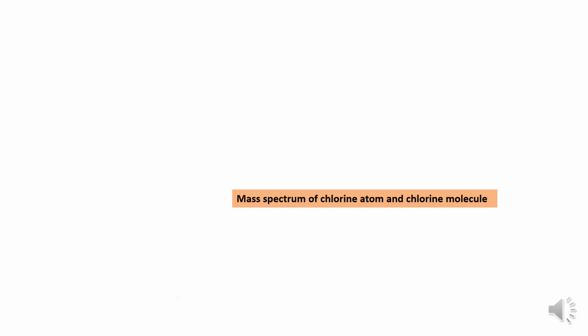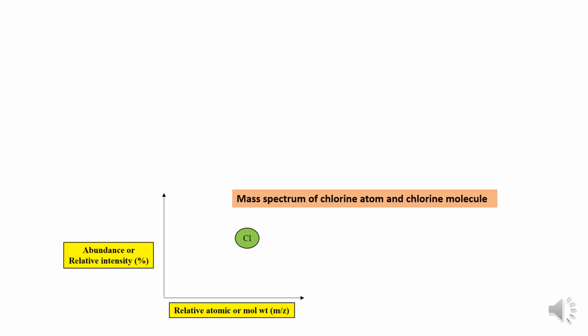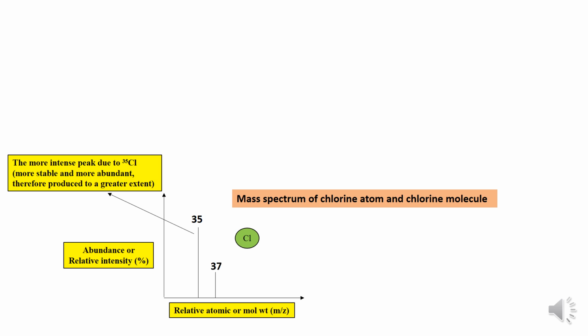Let's consider the mass spectrum of chlorine atom and chlorine molecule in much more detail. So you get two peaks. One is a more intense peak, and the other is the less intense peak.